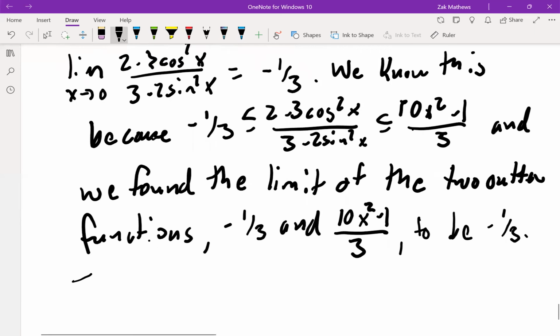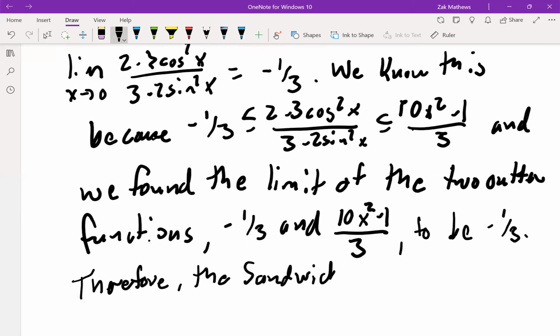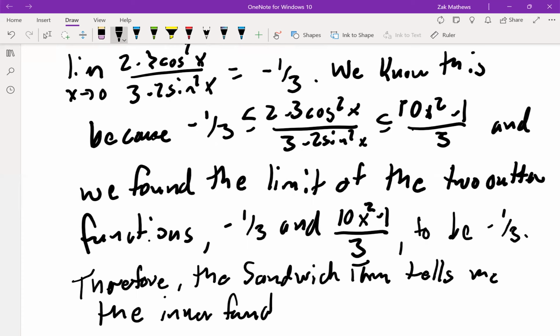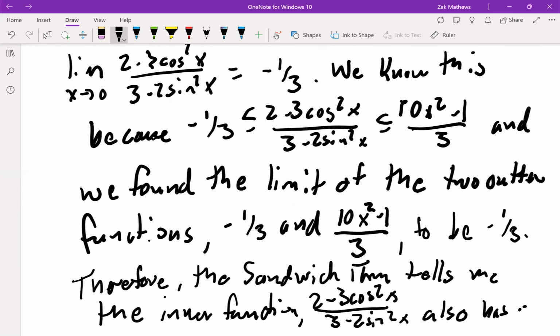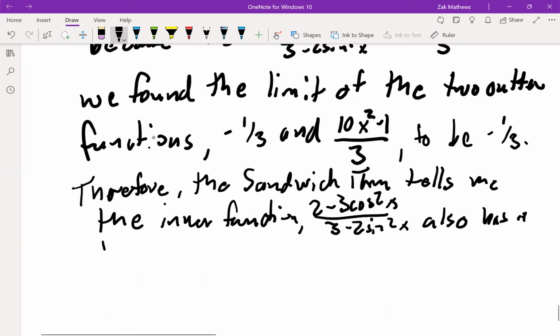Therefore, the Sandwich Theorem tells me the inner function, which is the 2 minus 3 cosine squared x over 3 minus 2 sine squared x, also has a limit of negative 1/3. This would be a complete answer.